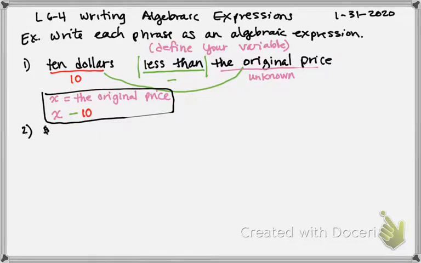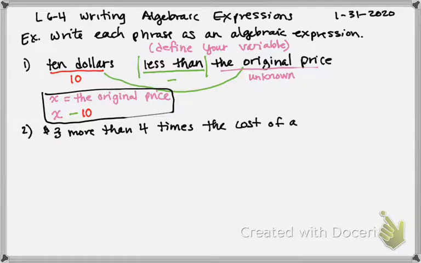Let's do the second one. We've got a lot of money ones here. $3 more than 4 times the cost of a pretzel. Ooh, a little bit more complicated. First, let's identify numbers. I've got a 3 and a 4. Now let's look for words that mean math.